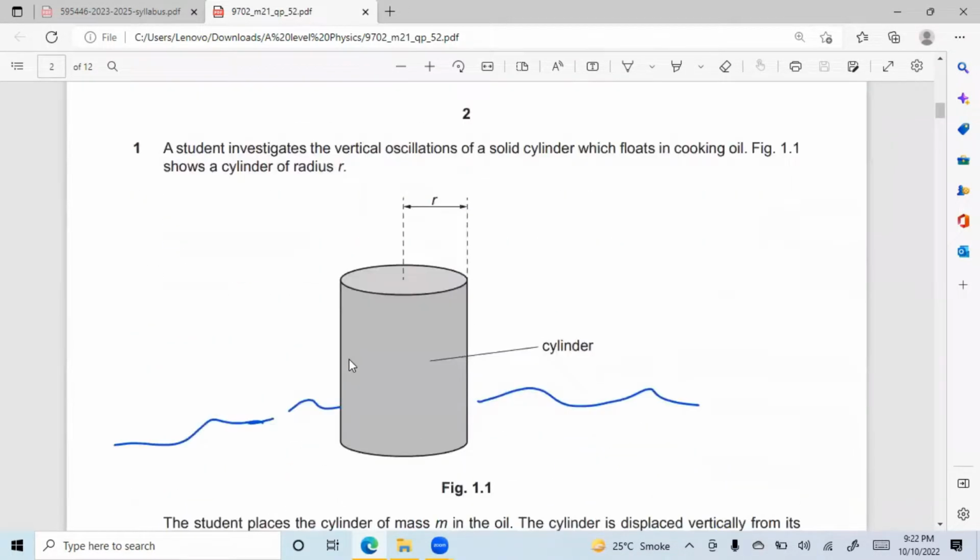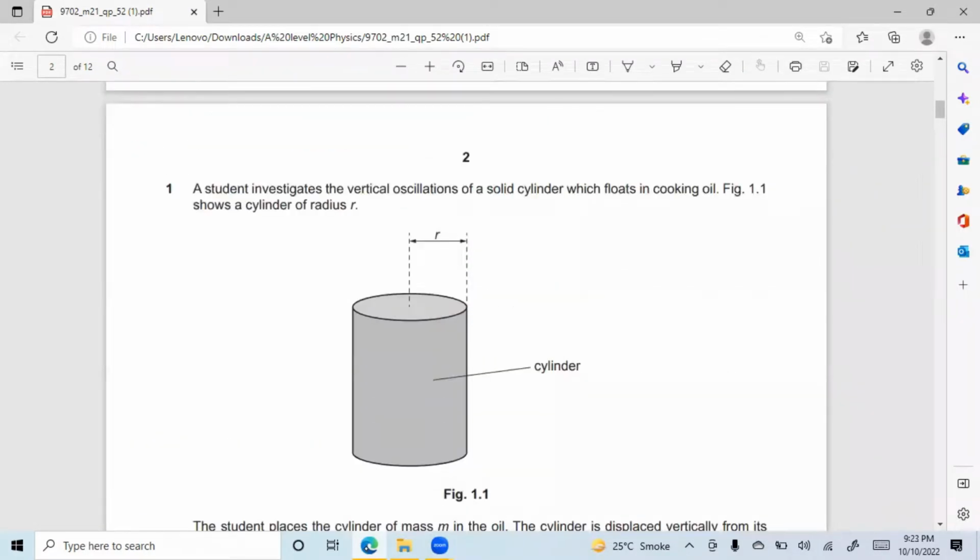Actually, in this particular experiment, a student investigates the vertical oscillations of a solid cylinder which floats in a cooking oil. So what you have to think is that you are in a laboratory, and once you are in the laboratory, you have the cylinder in front of you and it's floating on a cooking oil, right?